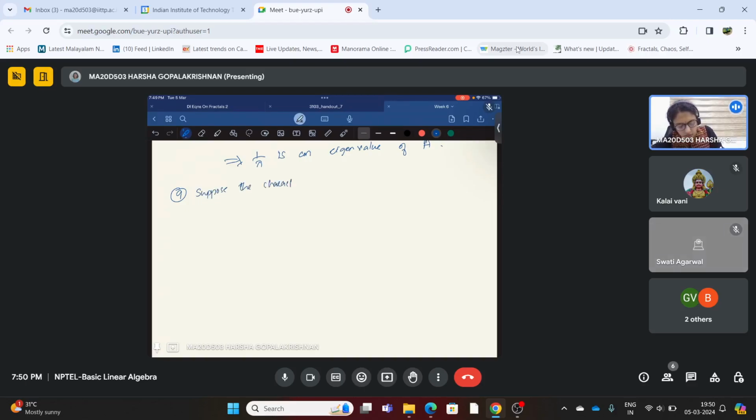It's a very simple question. Suppose the characteristic polynomial of a matrix is given by, so what is the size of A?